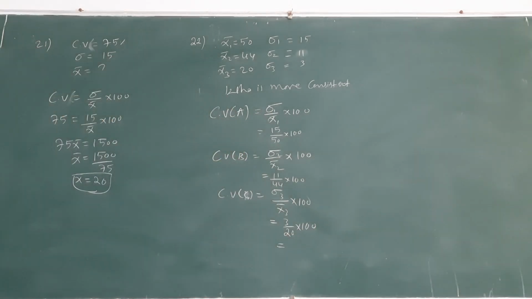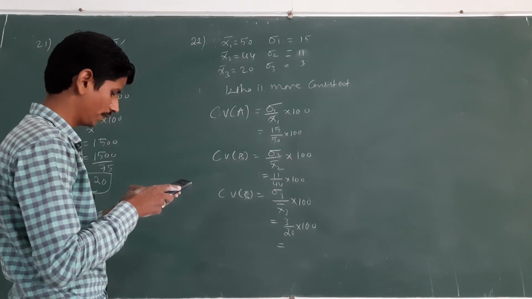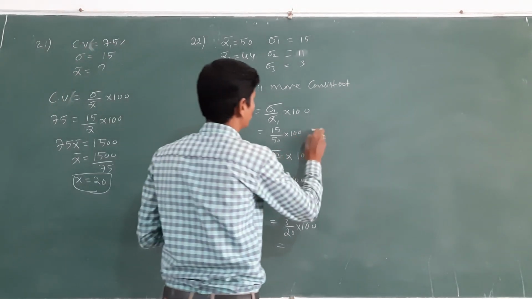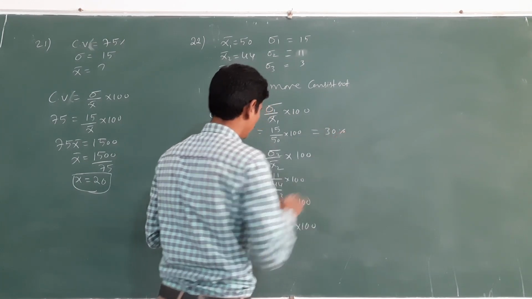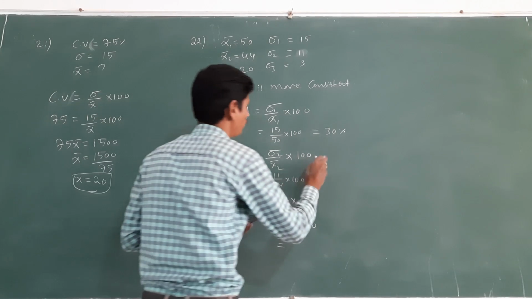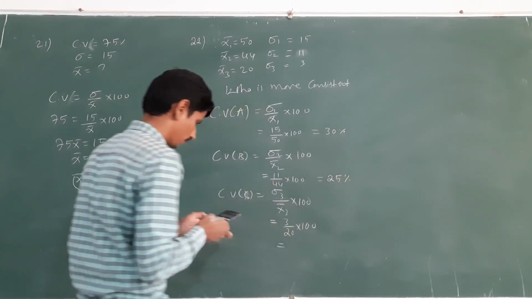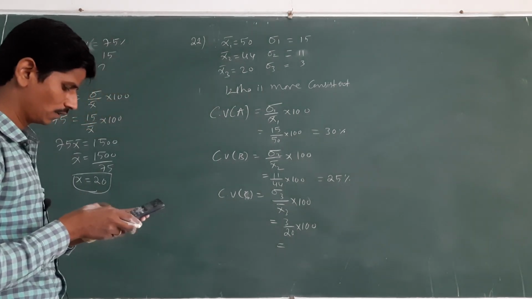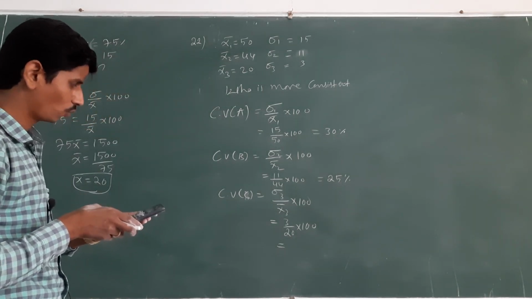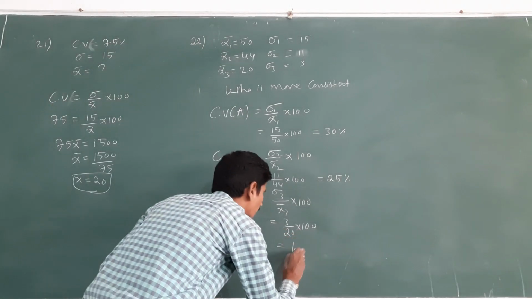First, 15 divided by 50 into 100 is 30, so its value is 30%. The next, 11 divided by 44 into 100 is 25%. The next, 3 divided by 20 into 100 gives 15%.